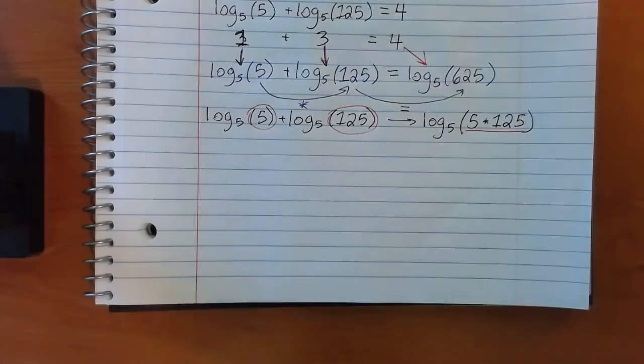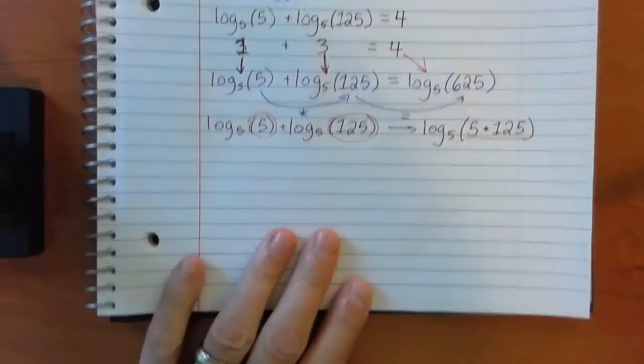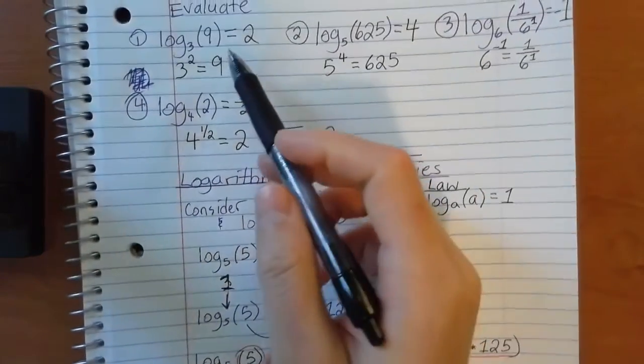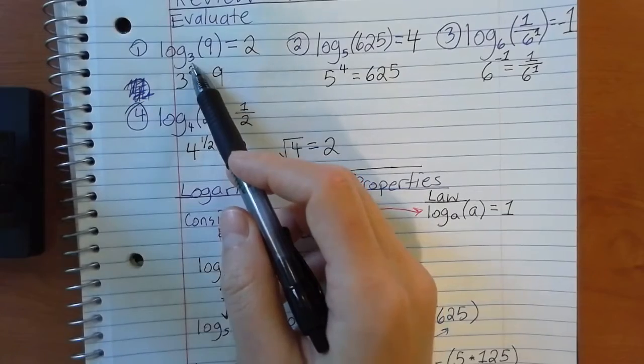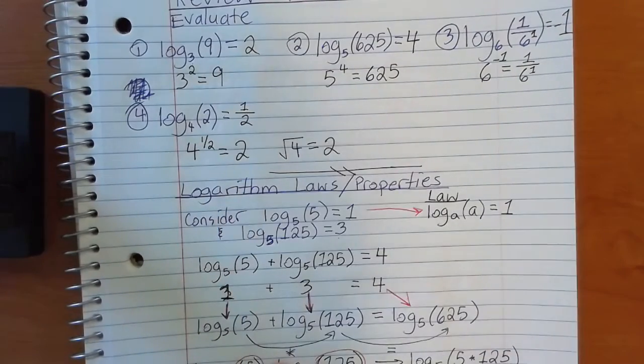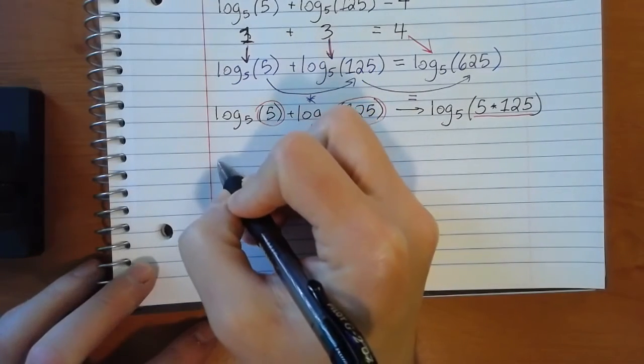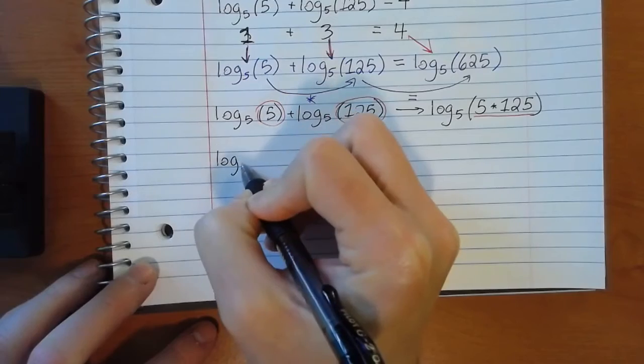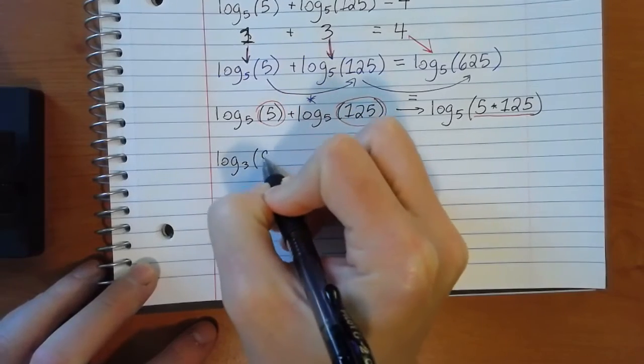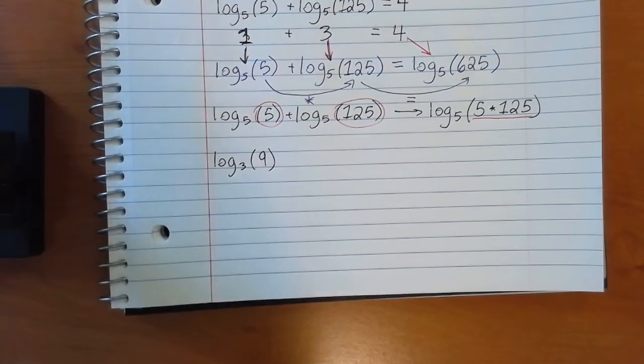Let's check this property to see if it's holding true for other examples. So if we look back up at the top, we have a problem that was log base 3 of 9 is equal to 2. So now let's use that. I know the answer to log base 3 of 9 was 2.